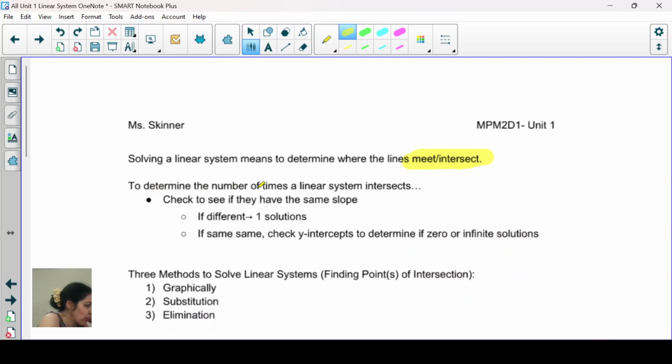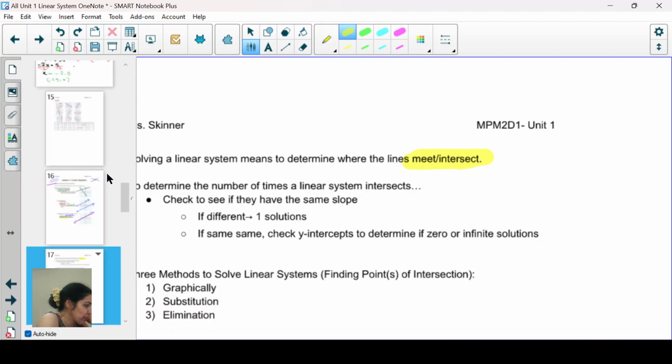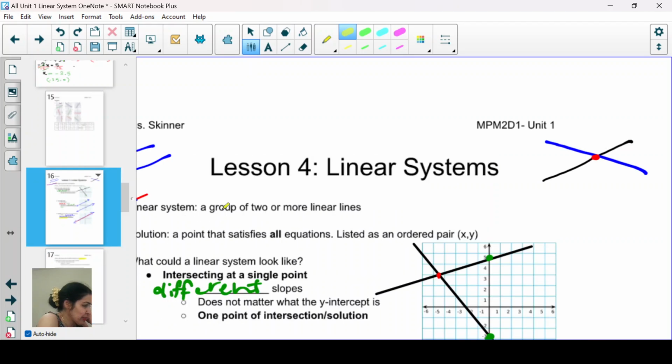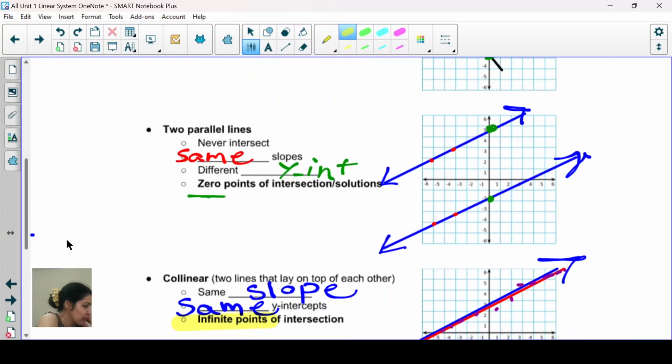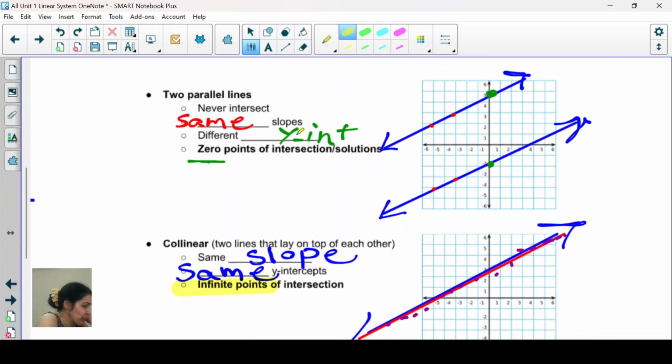To determine the number of times the linear system intersects, check to see if they have the same slope. If they have the same slope, they may be parallel or they may be collinear.